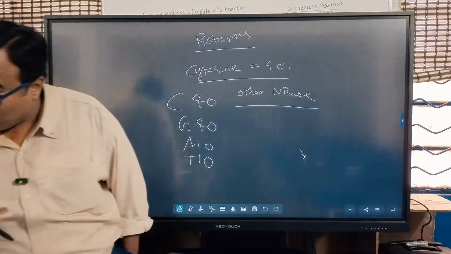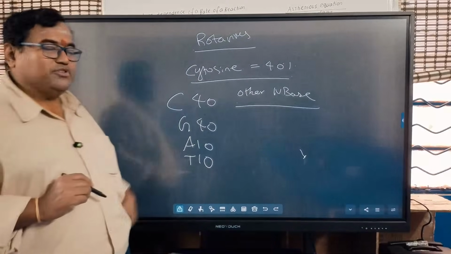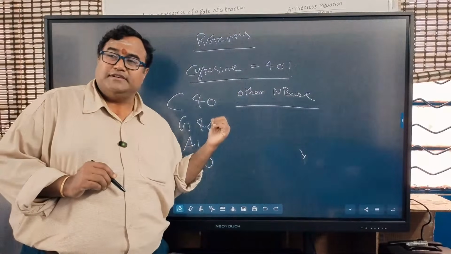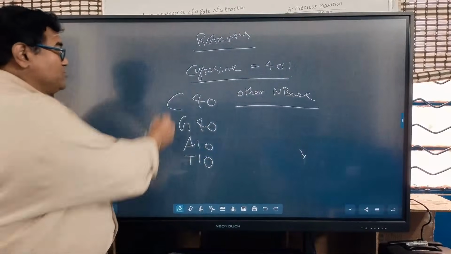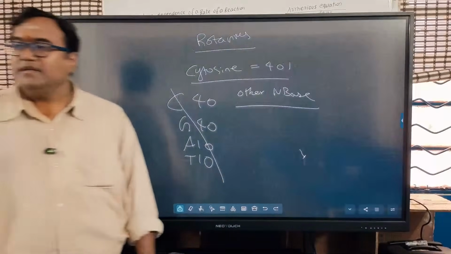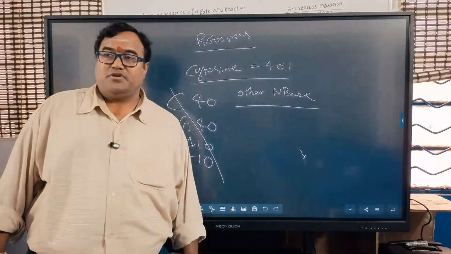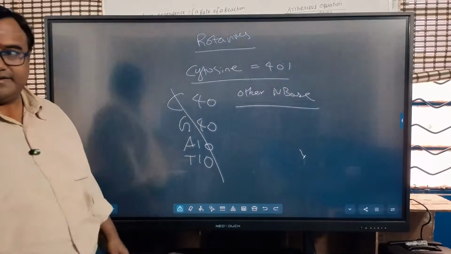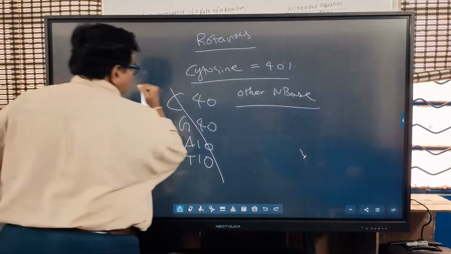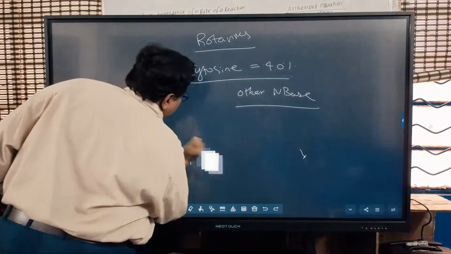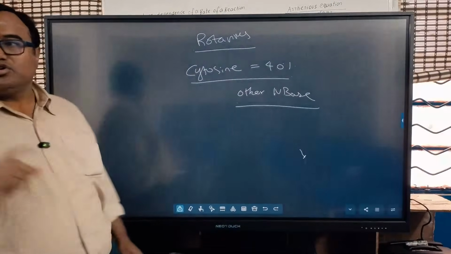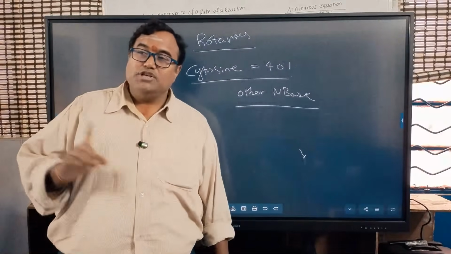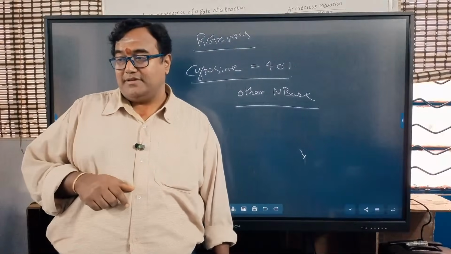So what is your name? Nityashree. So Nityashree told one of the nice wrong answers. So this is wrong. Why is this wrong? See, Chargaff rule is not applicable for single-stranded RNA.